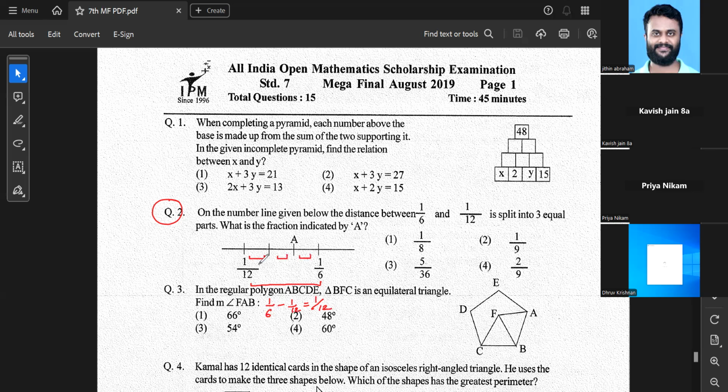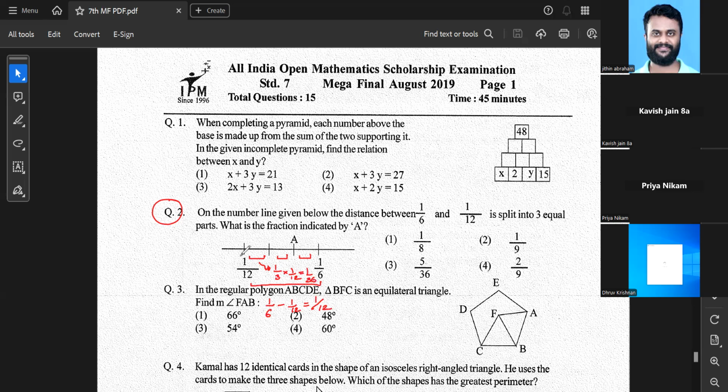So each part is 1 by 12 ka 1/3. So 1/3 of 1 by 12, that is 1 by 36.